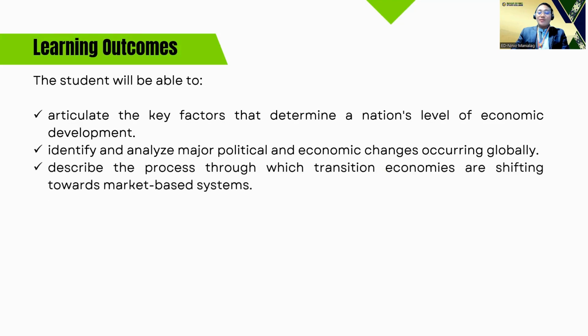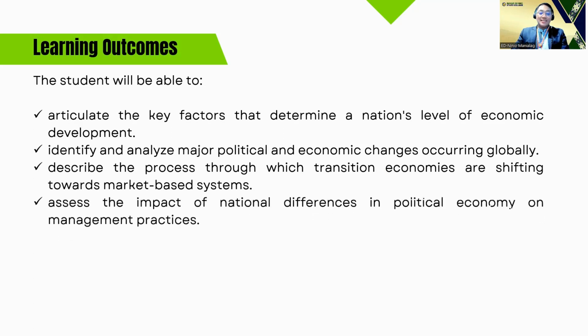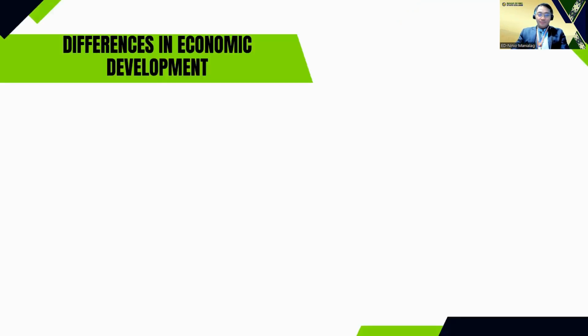Third, describe the process through which transition economies are shifting towards market-based systems. Fourth and the last one is assess the impact of national differences in political economy on management practices. Now let's start with differences in economic development.